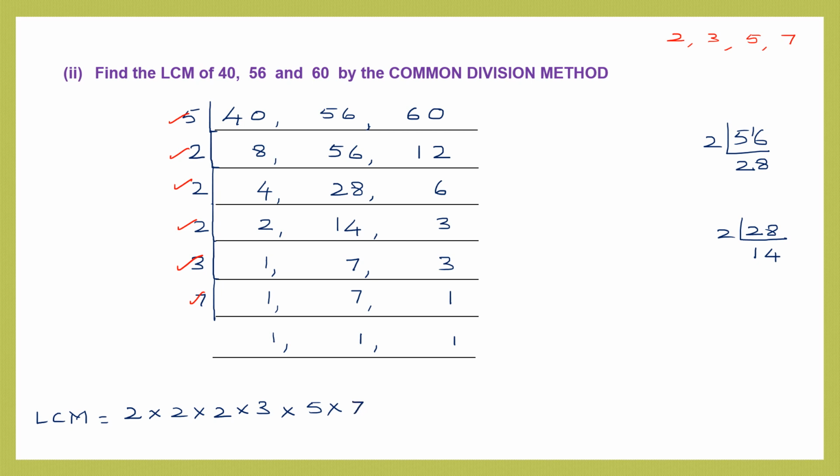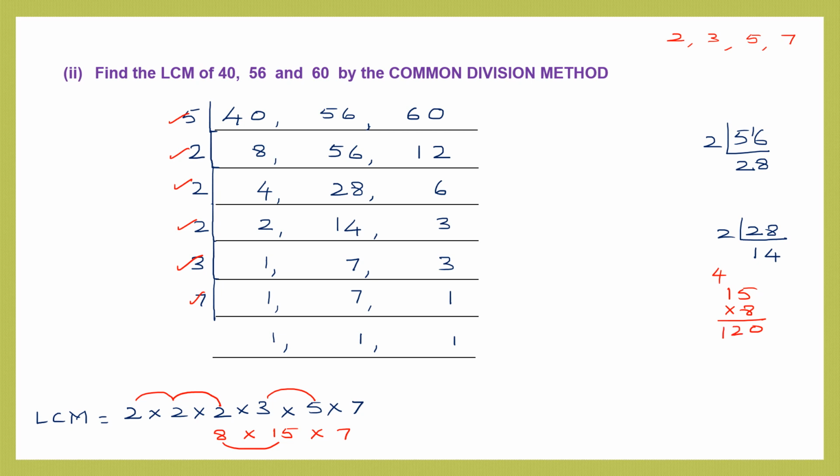Okay. So let me multiply all the 2's first. 2 2's are 4, 4 2's are 8. So 8 into, I can multiply this, 5 3's are 15 into 7. I'm doing this just to make my multiplication easier. So let me multiply 8 into 15. 8 5's are 40, carry 4, 8 1's are 8, plus 4, 12.